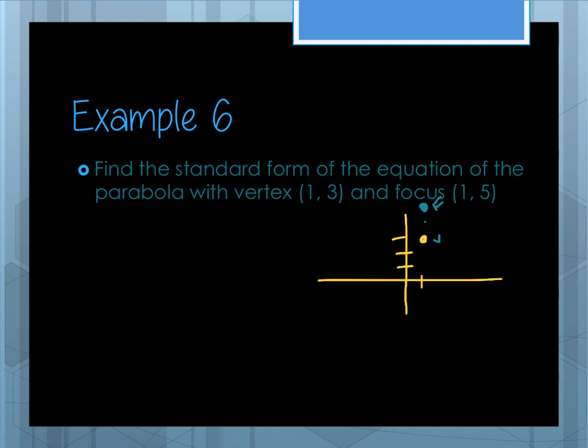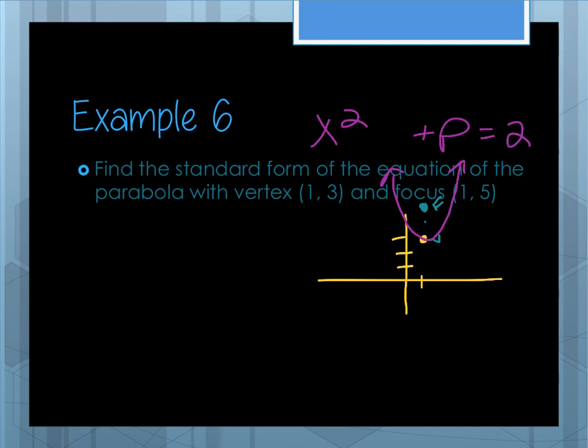Points up, right? Which tells me this is an x squared, and it tells me it has a positive p. What is p? What's the distance from 1, 3 to 1, 5? 2. So p is positive 2.